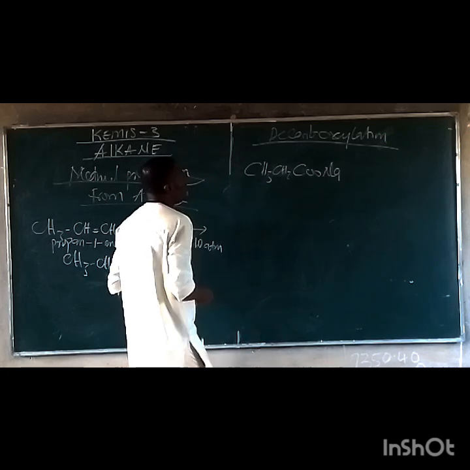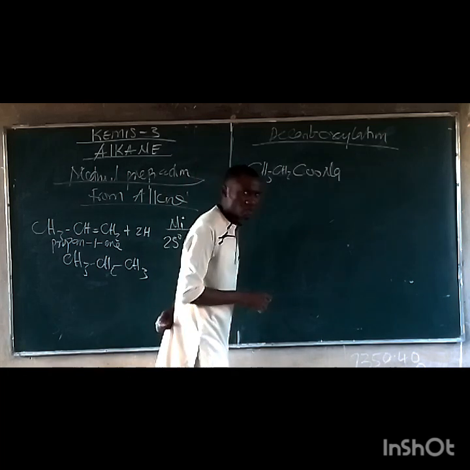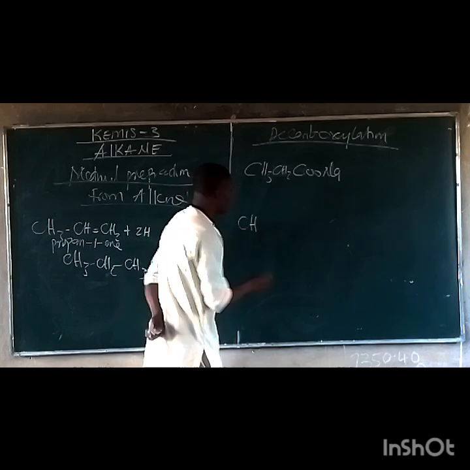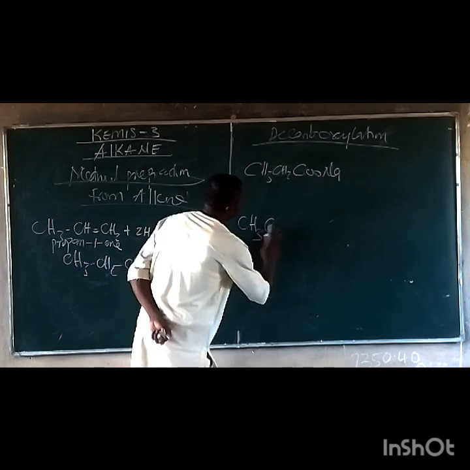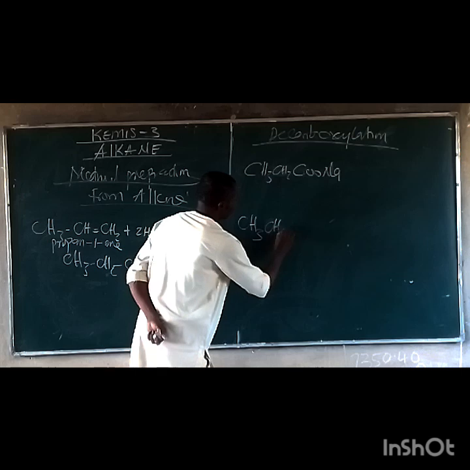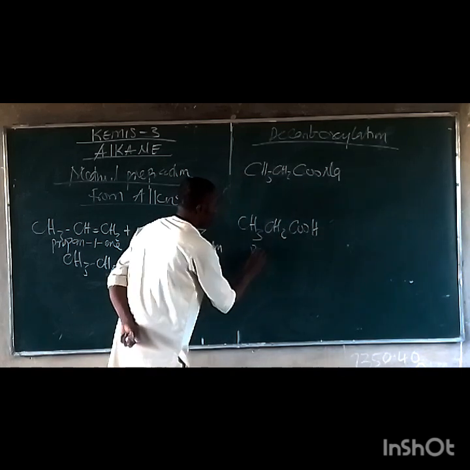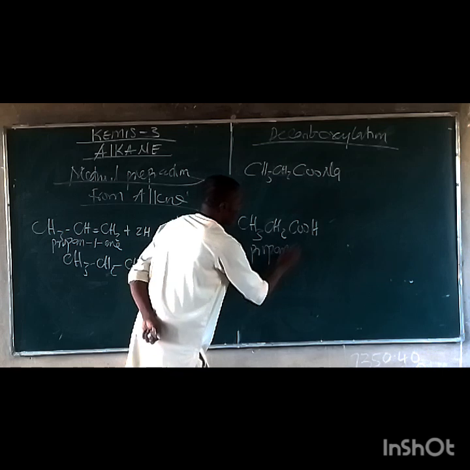Okay, now, what if you react an alkanoic acid with sodium hydroxide? Let's say this is alkanoic acid, then you have CH2, let's follow this form, and COOH. This is propanoic acid.